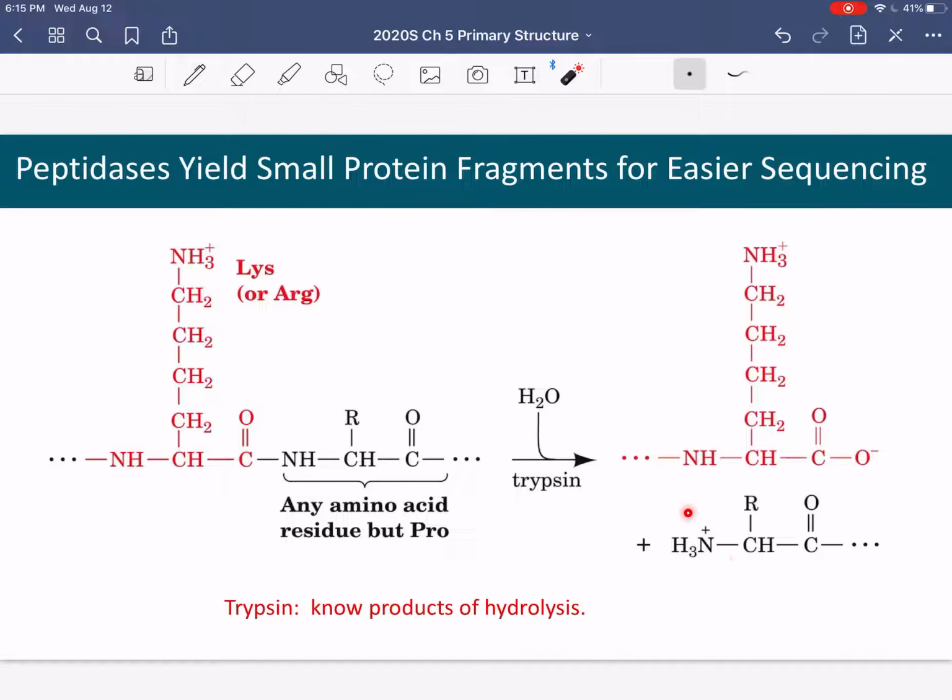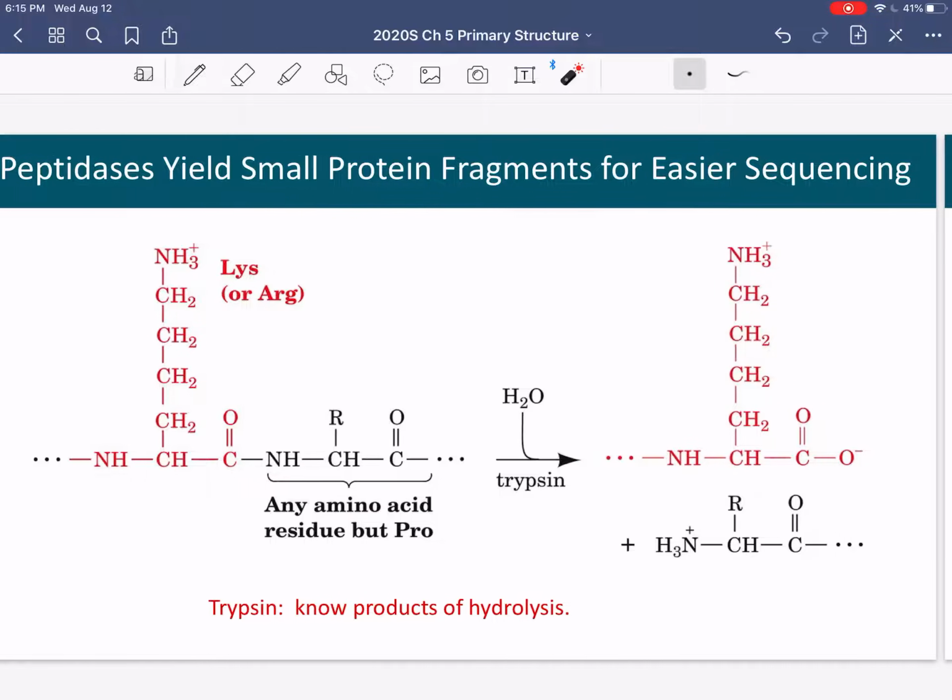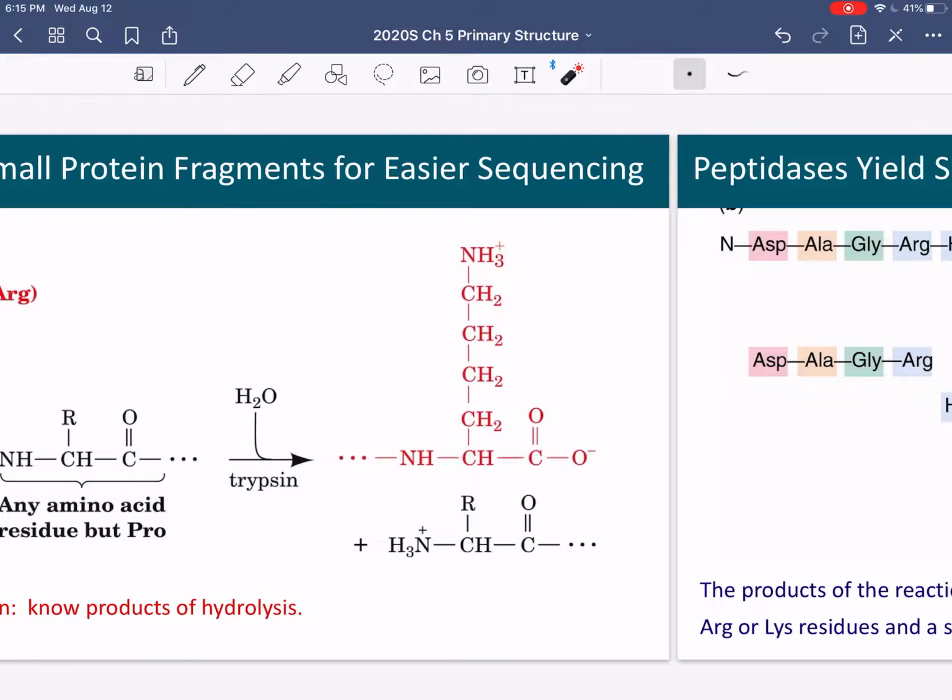And you'll get a new amino terminus on the black part of the polypeptide chain, which continues on, and you'll get a new C terminus containing the lysine or the arginine, after which it was hydrolyzed, right? And then, of course, this would go towards the N terminus on this side. Know the products of hydrolysis.